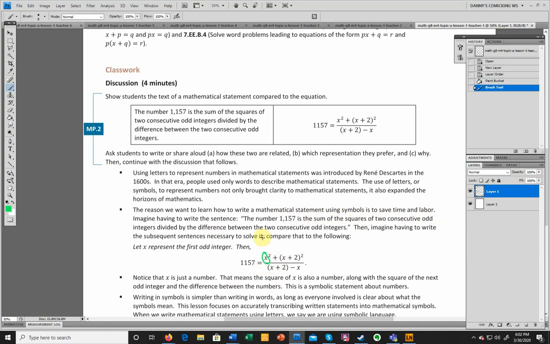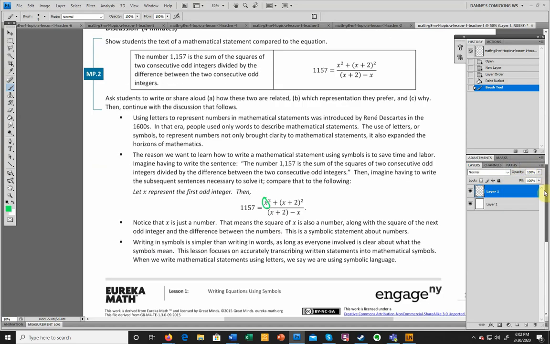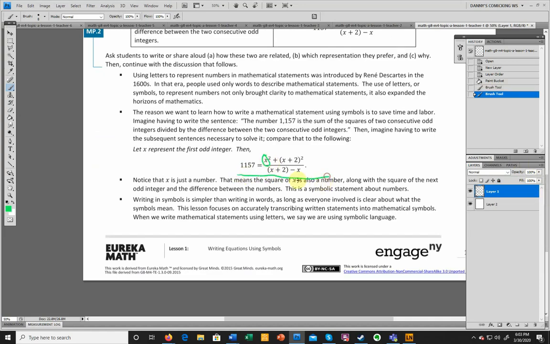Instead of saying the number 1,157 is the sum of the squares of two consecutive odd integers divided by the difference between two consecutive odd integers, which is a really long sentence, imagine having to write the sentence necessary to solve it compared to the following. Let x represent the first odd integer. Then that is our resulting equation.